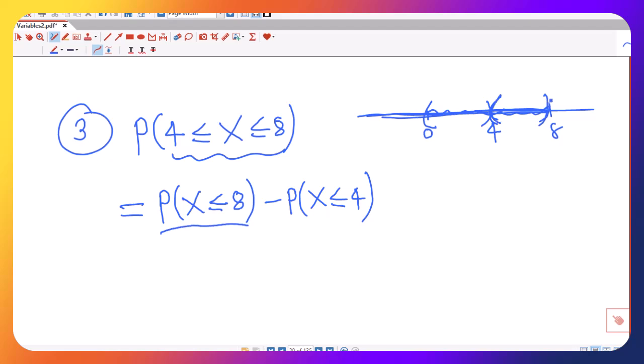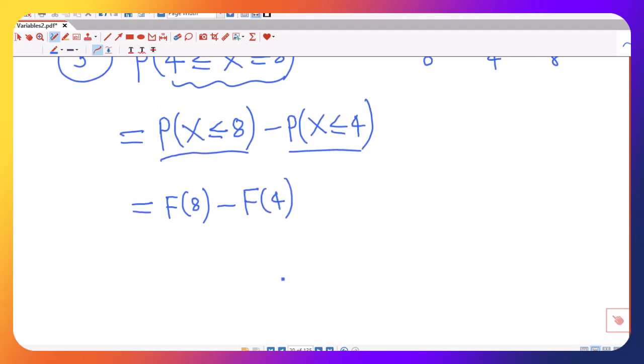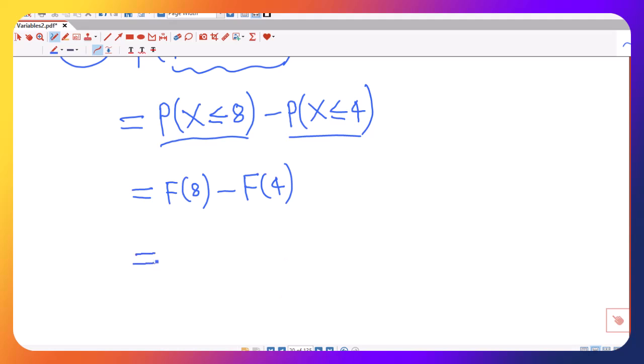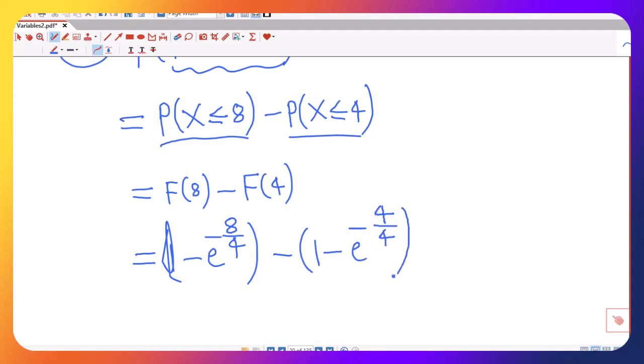Now we require only this part, so we subtract this part, that is the probability that X is less than or equal to 4, and this is equal to F of 8 minus F of 4 by the definition of CDF, and this is 1 minus e raised to minus 8 by 4, which we just calculated, and this is 1 minus e raised to minus 4 by 4.